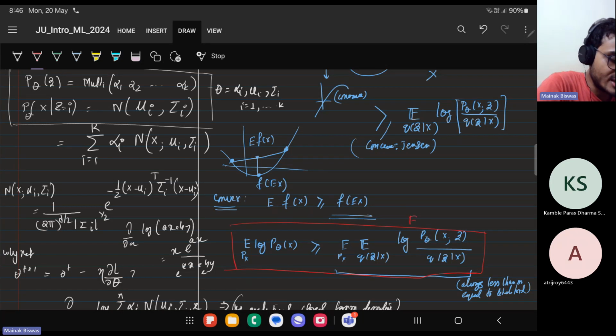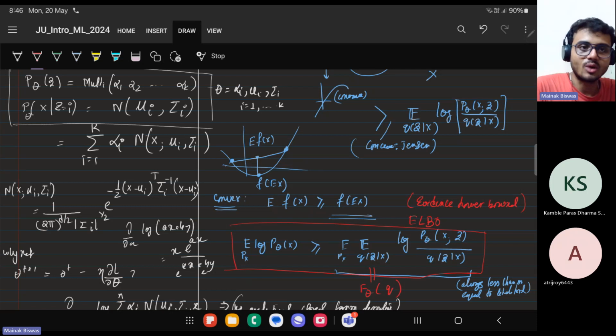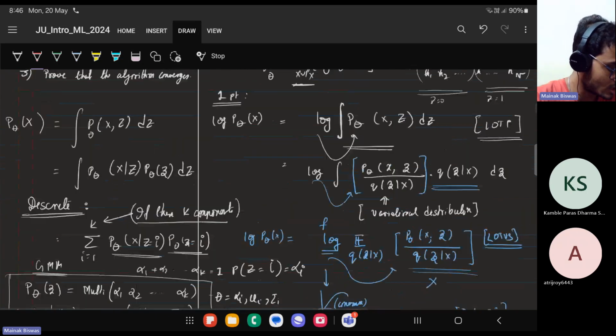This is called the evidence lower bound, or ELBO. Let us represent this as F theta of q. Let us stop here for a couple of minutes and see what we have done till now. I will be happy to answer questions that you have.